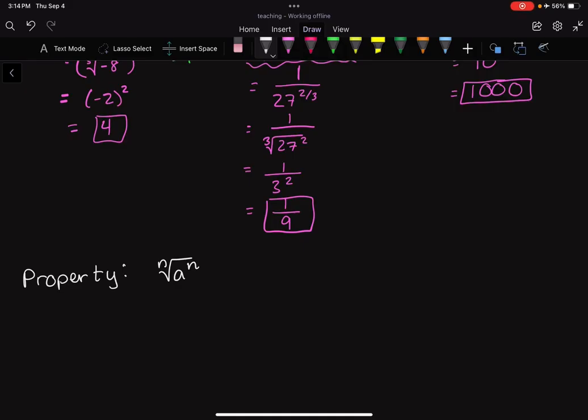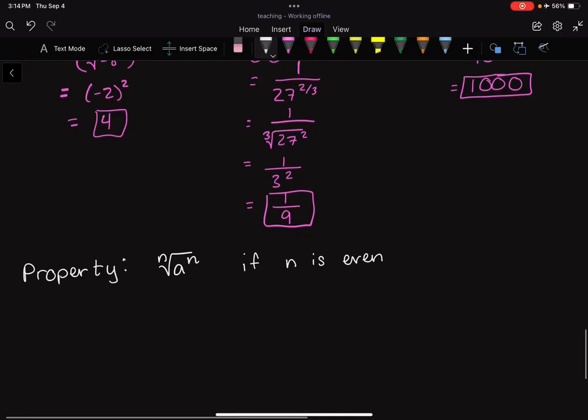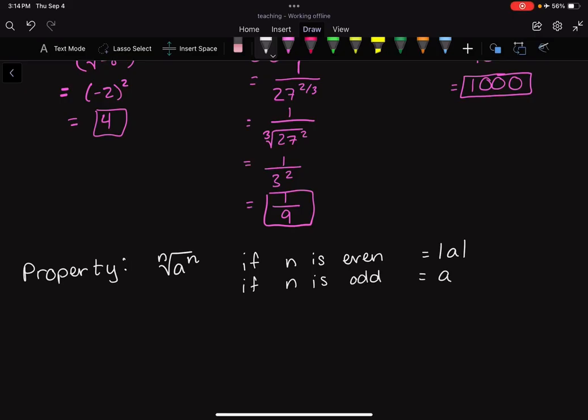And also this one is highlighting if we stick with a. I'm going to show you some examples that use this. If the n is even, then this would equal the absolute value of a. If n is odd, this will just equal a. So you won't need the absolute value.